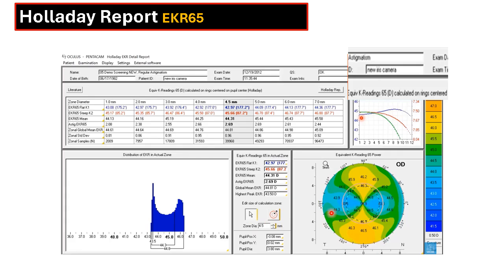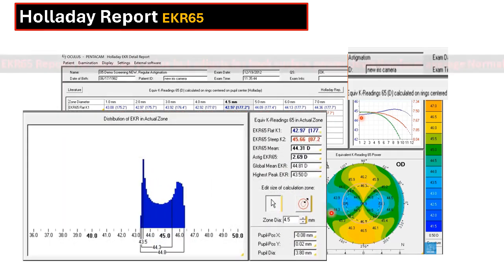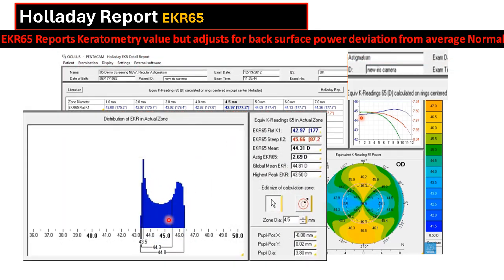As you can see here in this histogram, this histogram represents the distribution of the K reading over the zone of 4.5 millimeters. You will find that there is a large number present forming a peak here, and large numbers here. The values range from around 43.5 to around 45.5. If you look at this shape, this is the typical shape of a normal cornea.